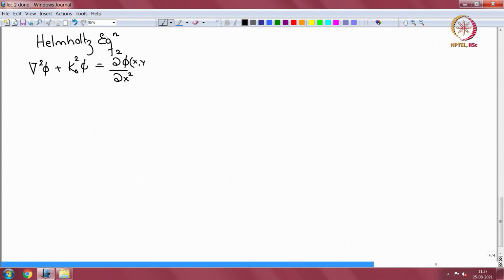This time is not there. The whole course is about harmonic excitations, not transients, and therefore I will often keep time and remove time in some convenient manner. It's cumbersome to keep carrying the e to the power j omega t type terms. So this is the Helmholtz equation.